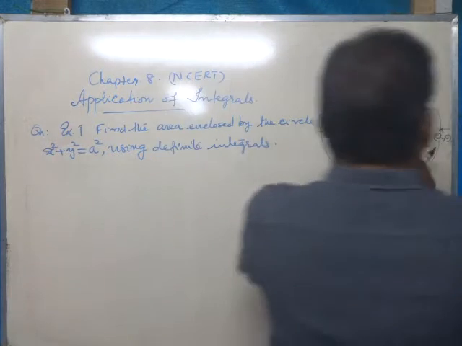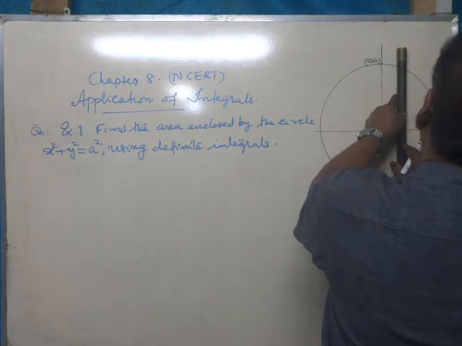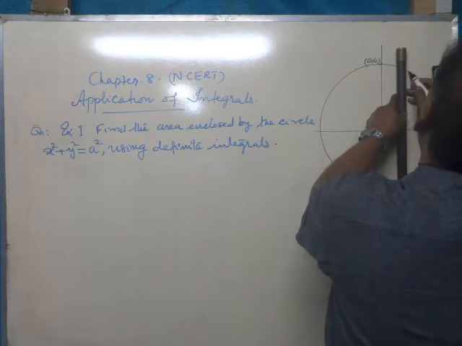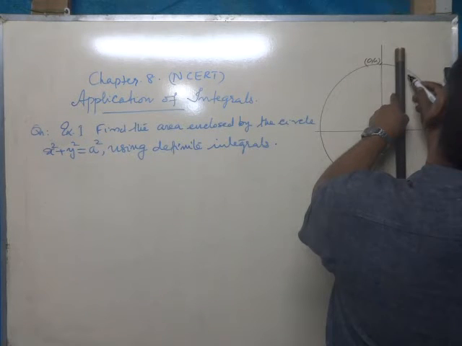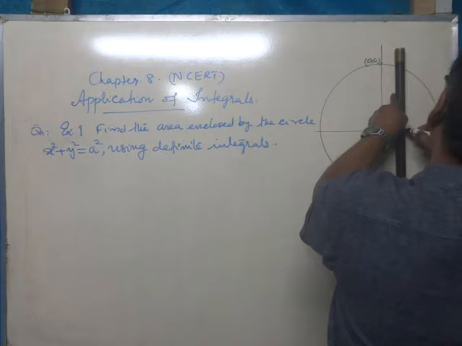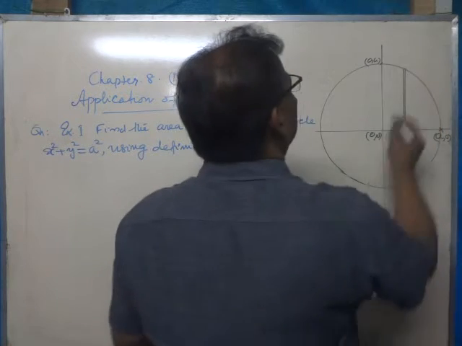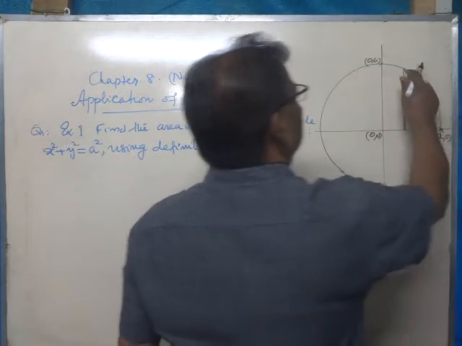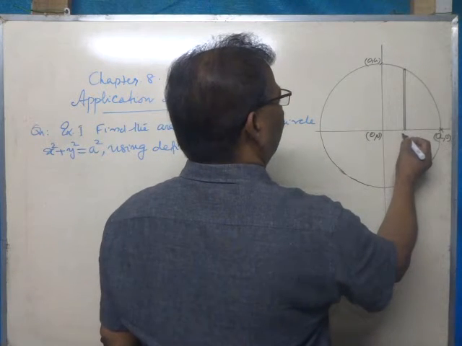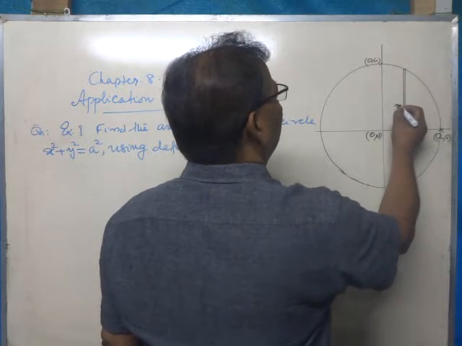and we shall consider a very small area of height y and width dx. See, this rectangle is of width dx and height y.